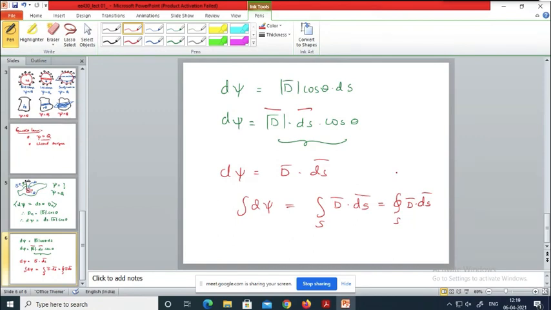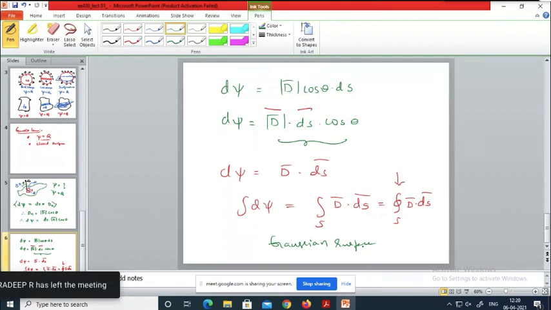This is nothing but the closed surface integral, and the closed surface is called the Gaussian surface. So irrespective of the shape of the surface, the flux passing through the surface is the total charge enclosed by the surface. So what do you have to understand through this one?